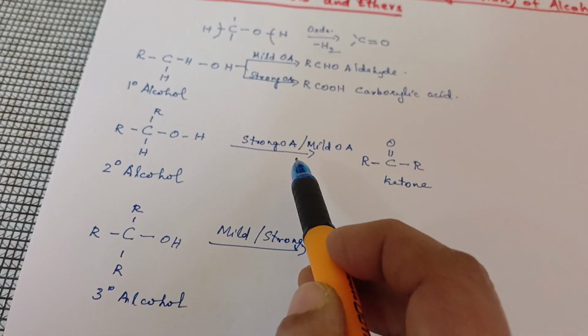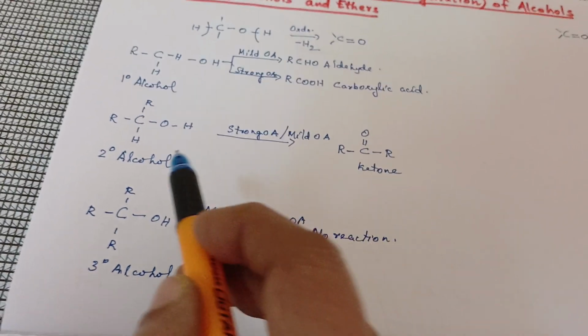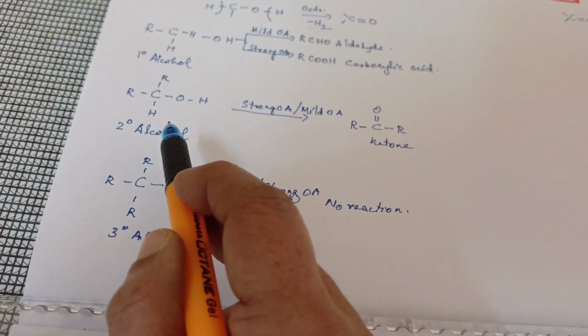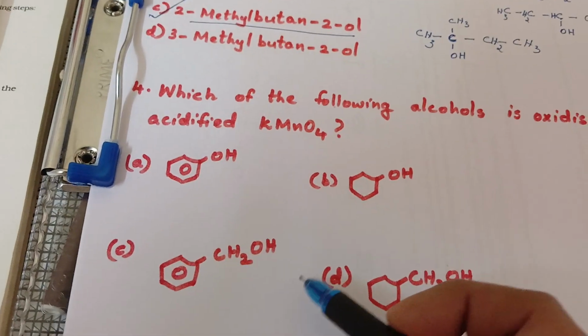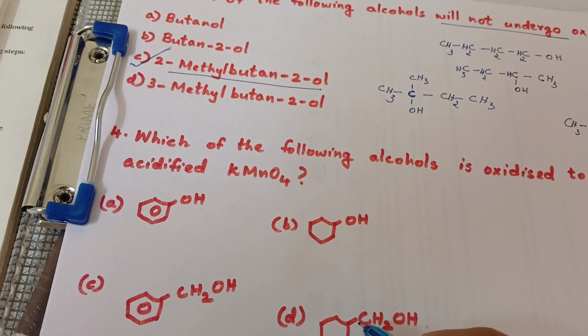It can be a strong oxidizing agent or a mild oxidizing agent. You have to have a 2-degree alcohol. So among these, which is a 2-degree alcohol?